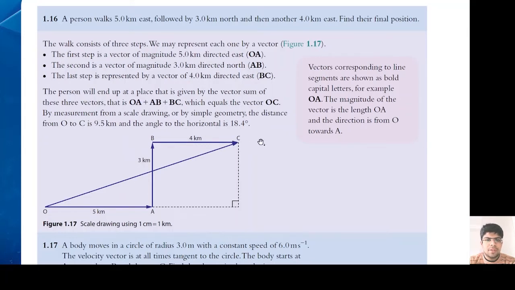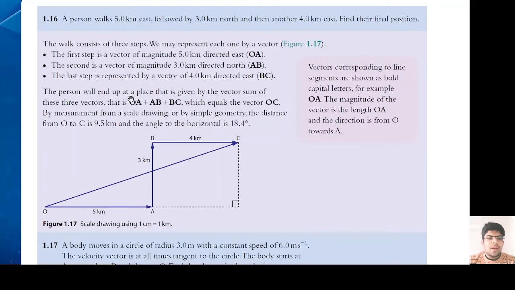It's also in the east direction. Vectors corresponding to line segments are shown as bold capital letters, for example OA. The magnitude of that vector is the length OA and the direction is from O to A.